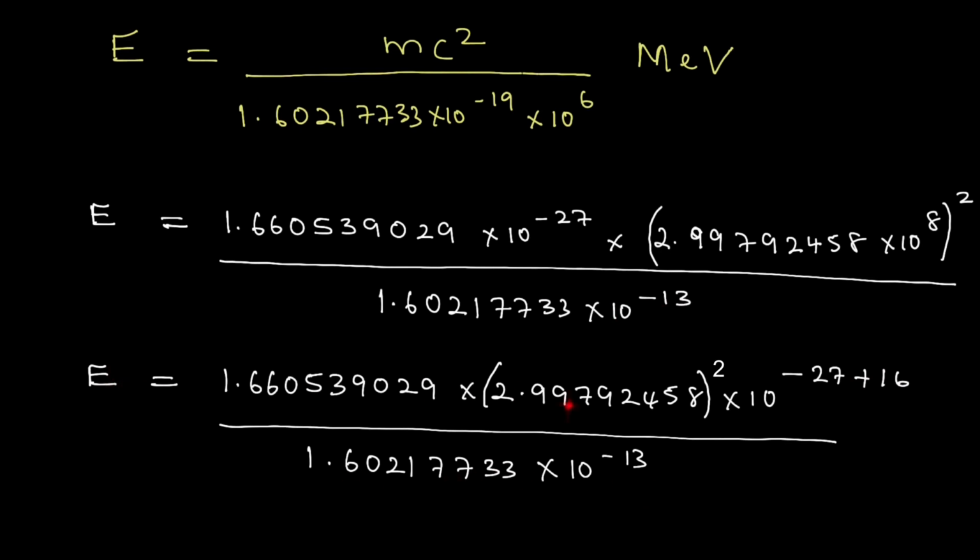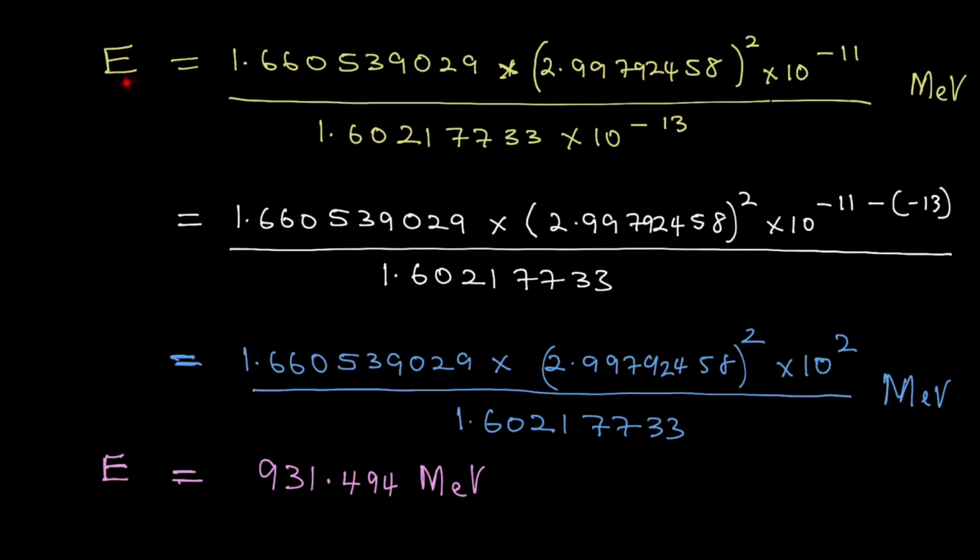So we need to simplify this further. Now for the value of E, I'm only working on the power of 10 here. So that's 10 to the power minus 11, and I've got 10 to the power minus 13. If you're dividing the exponentials, 10 to the power minus 11 divided by 10 to the power minus 13 will become 10 to the power minus 11 minus minus 13. So minus minus is plus, and minus 11 plus 13 is 10 to the power 2.